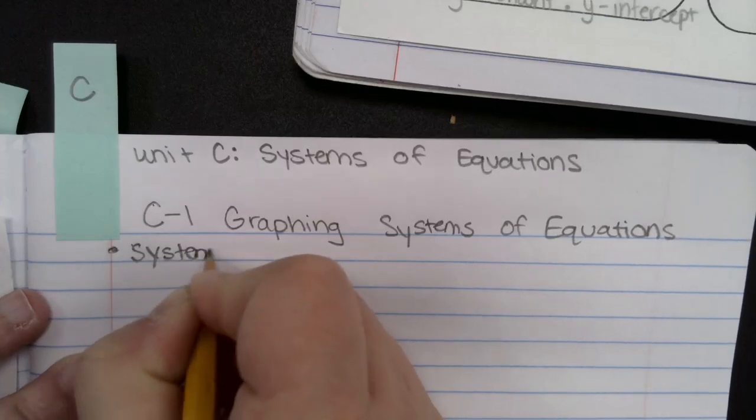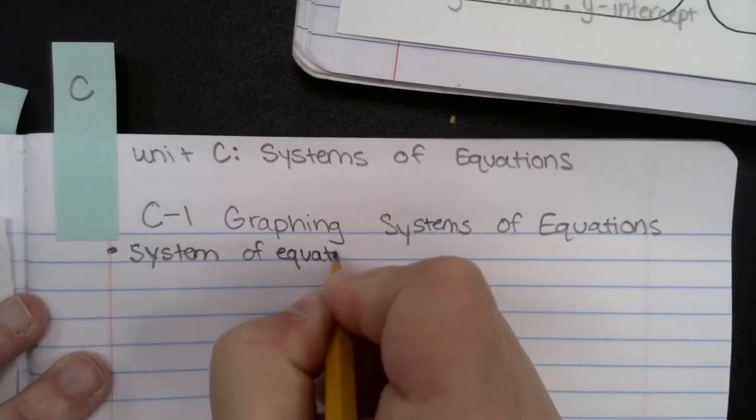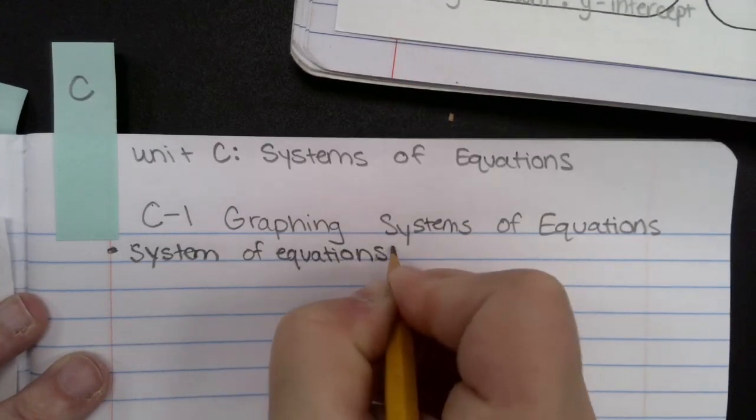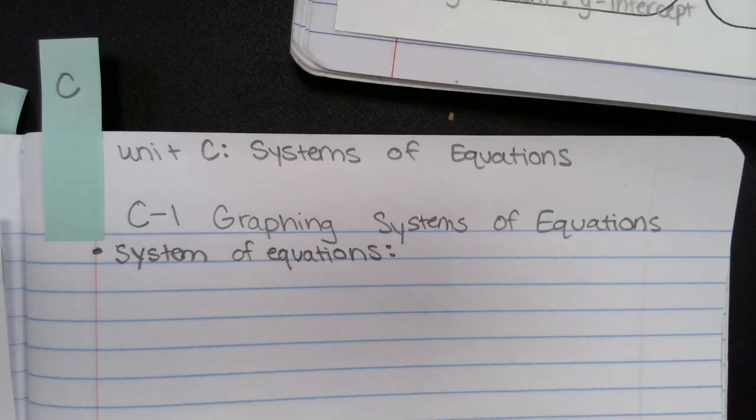What is a system of equations? It would imply that how many equations are we working with? Ooh, that's clever. 2 or more.